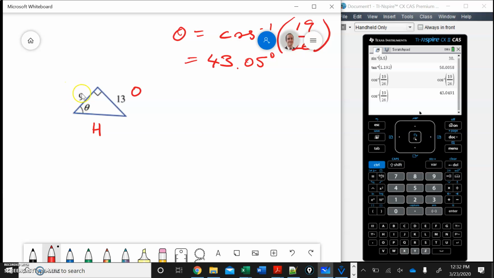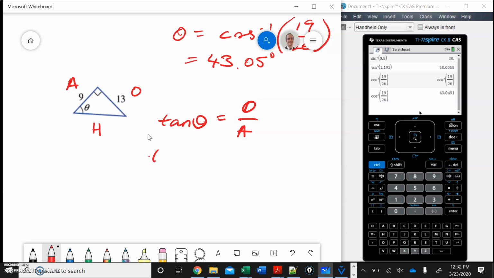The side that's adjacent to our angle, but not the hypotenuse, is going to be labeled A for adjacent. In this problem, we're concerned only with the adjacent side and the opposite side. From SOHCAHTOA, we know that it's tan we want. So tan of an angle is O divided by A.